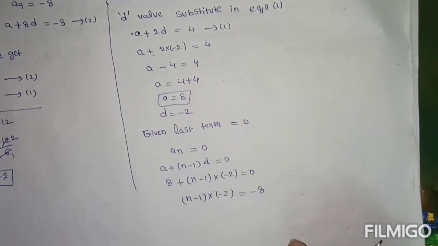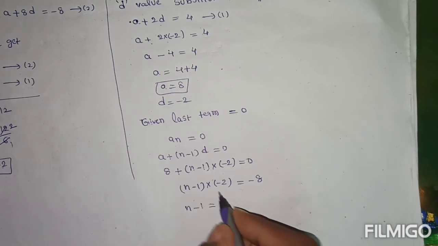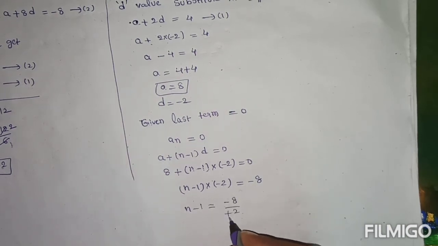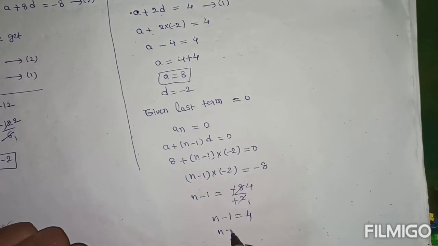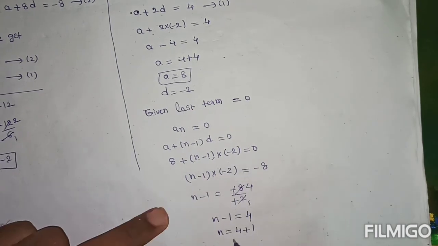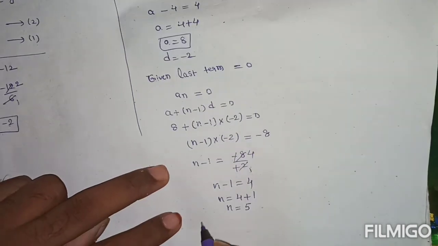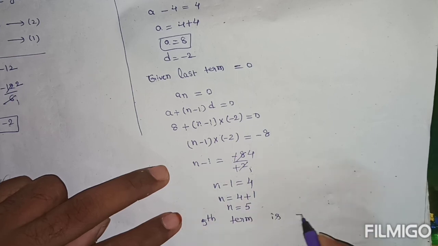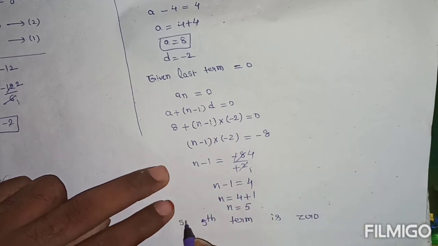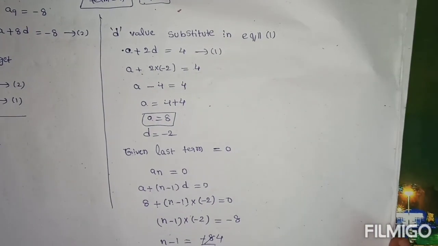So next step, n minus 1 equal to, transposing, division by minus 2. Minus minus cancel. 2 ones are 2, 2 fours are 8. N minus 1 equal to 4. N equal to 4 plus 1. N equal to how much? 5. So fifth term is 0. Write down the steps. This is a very important problem.